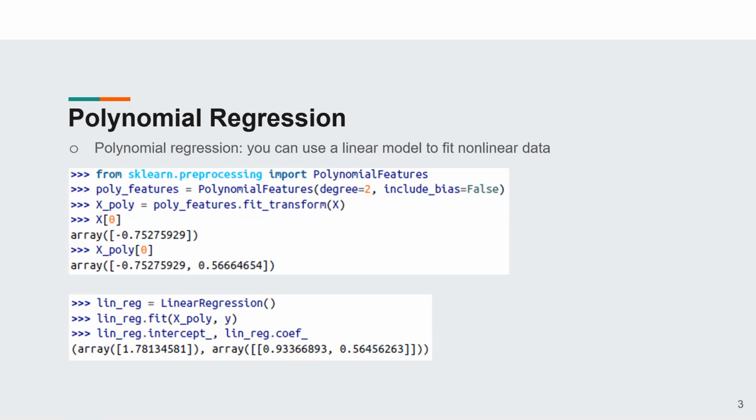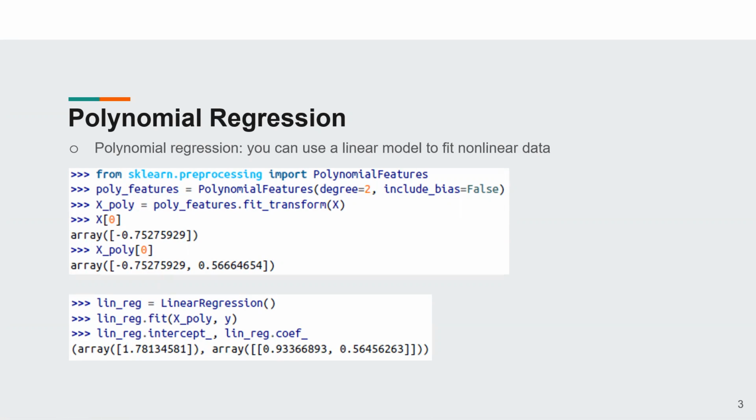So what we're trying to do in polynomial regression is we can use a linear model to fit nonlinear data. The way that you do it is you can leverage a polynomial features class coming from sklearn preprocessing. What it's trying to do is, you have a feature x, and we're trying to generate a second degree polynomial, for example.